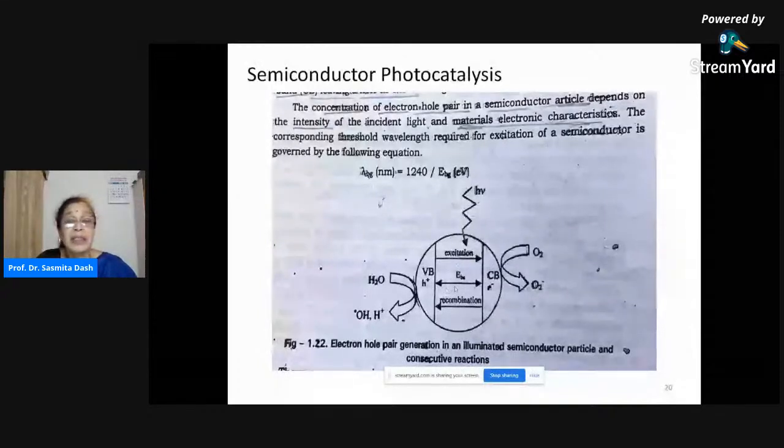When a semiconductor is illuminated by UV light, with h nu amount of energy, one electron is excited from the valence band to the conduction band, creating a hole in the valence band.